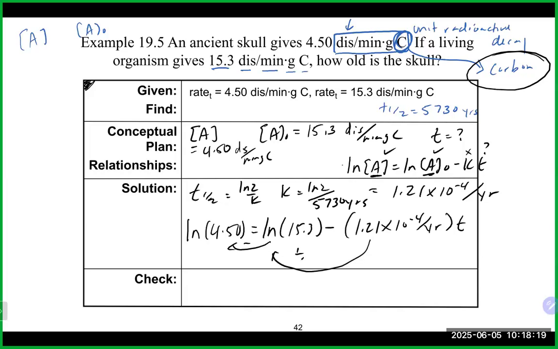So we're going to go natural log of 4.5, subtract the natural log of 15.3, and then divide it by negative 1.21 times 10 to the negative 4. And that's going to give us a time of 10114 years. Sig fig wise, maybe like 10100 years. So about 10,000 years old.